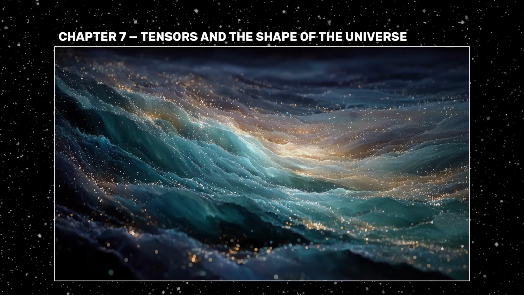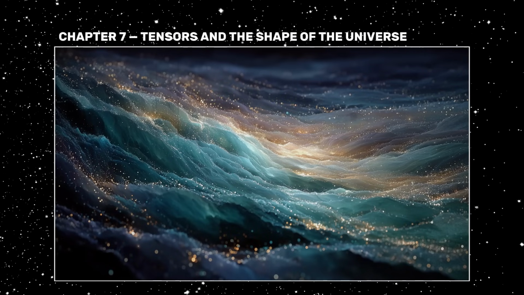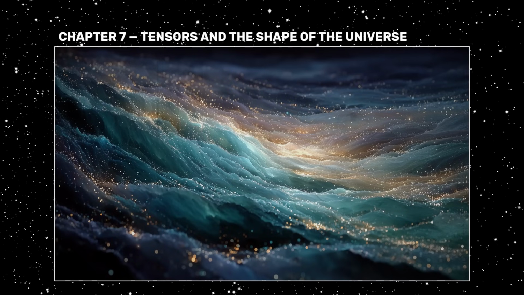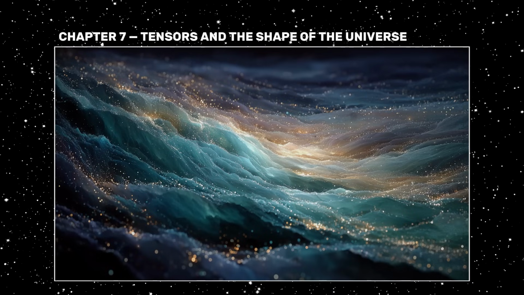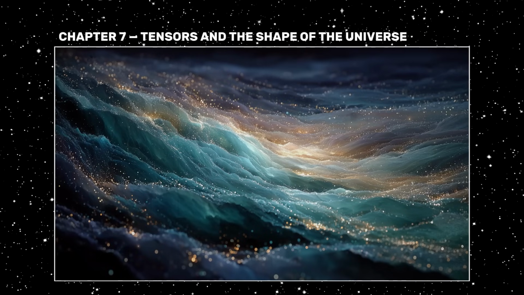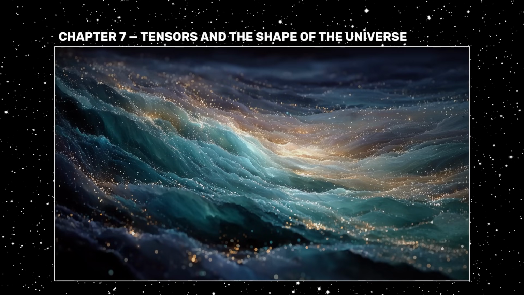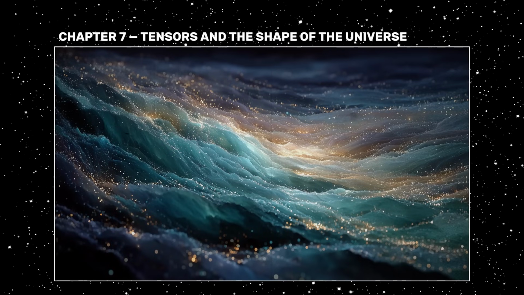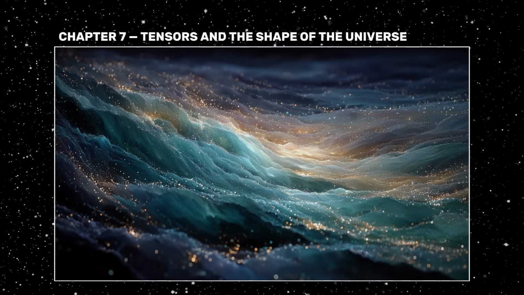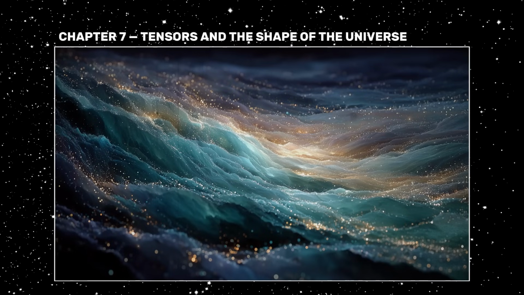And here lies the quiet, existential thought at the end of this chapter. The shape of the universe is not chosen by us, nor is it something we can alter. It is written into the fabric of space-time itself, a geometry that existed long before life arose to ask the question. Through tensors, we glimpse this hidden architecture.